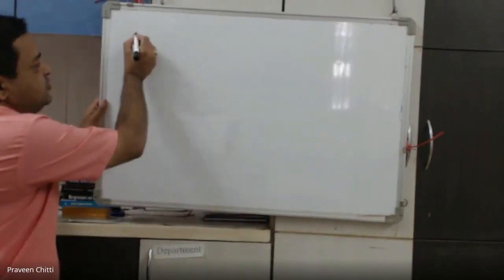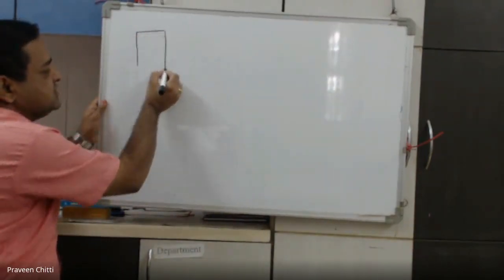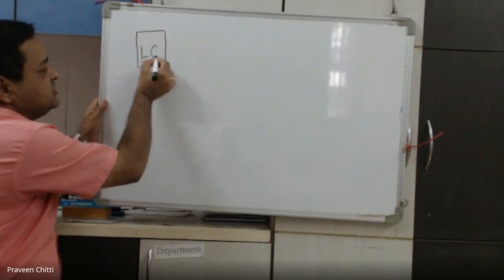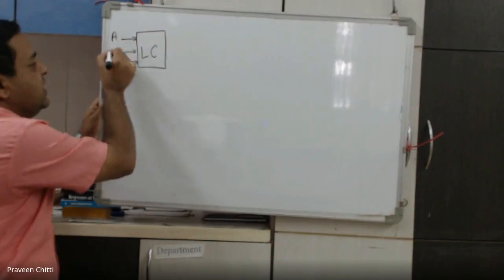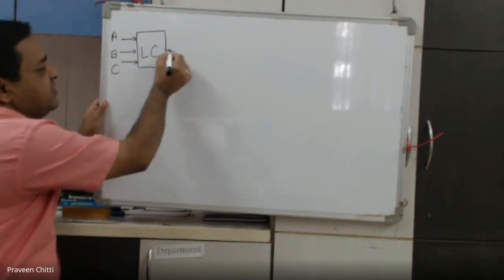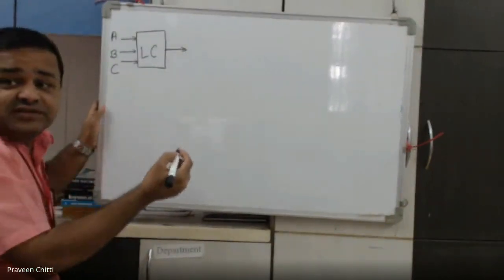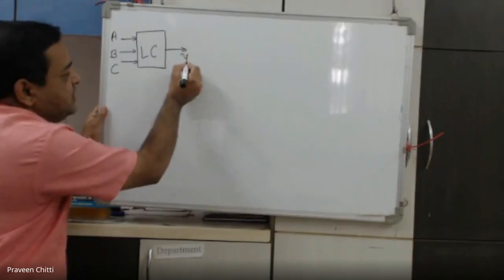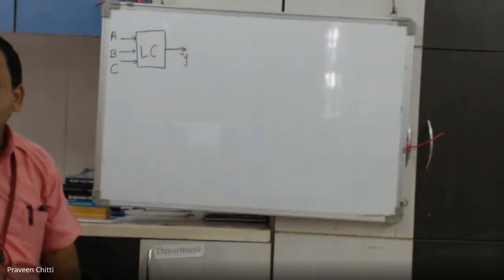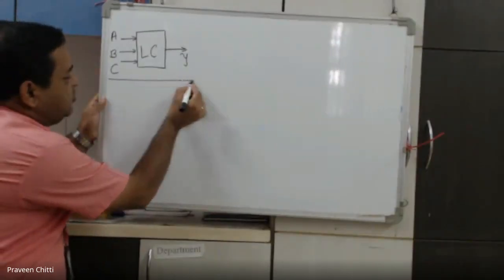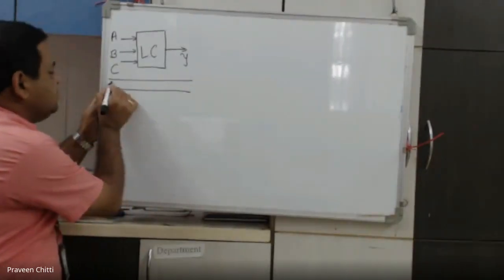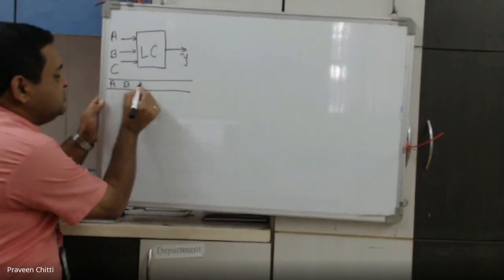You have to design a logic circuit which has 3 inputs A, B, C, and the output we will denote Y or F, whatever it may be. Is it visible what I have written on the board? Yes, sir. What they have given is you have to design this circuit. How do we design this now? First, we have to write inputs. How many inputs are there?